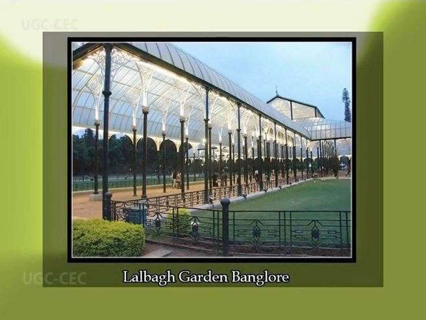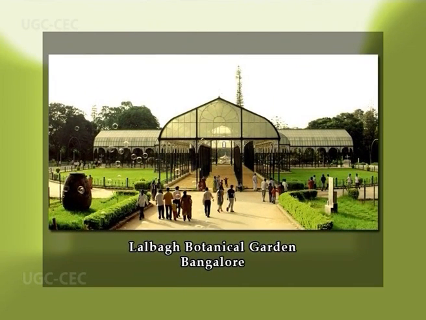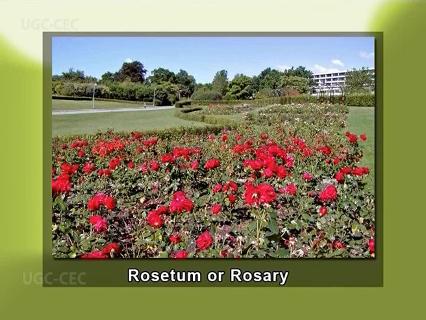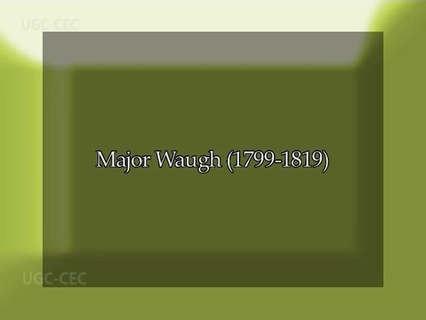Number 3. Lal Bagh Garden, Bangalore. This is the best botanical garden in South India, which was named Lal Bagh by Hyder Ali in 1760 because of its beautiful rose garden and red flowers. Its first director was Major Wagh, who introduced a number of exotic plants from various countries into this garden.